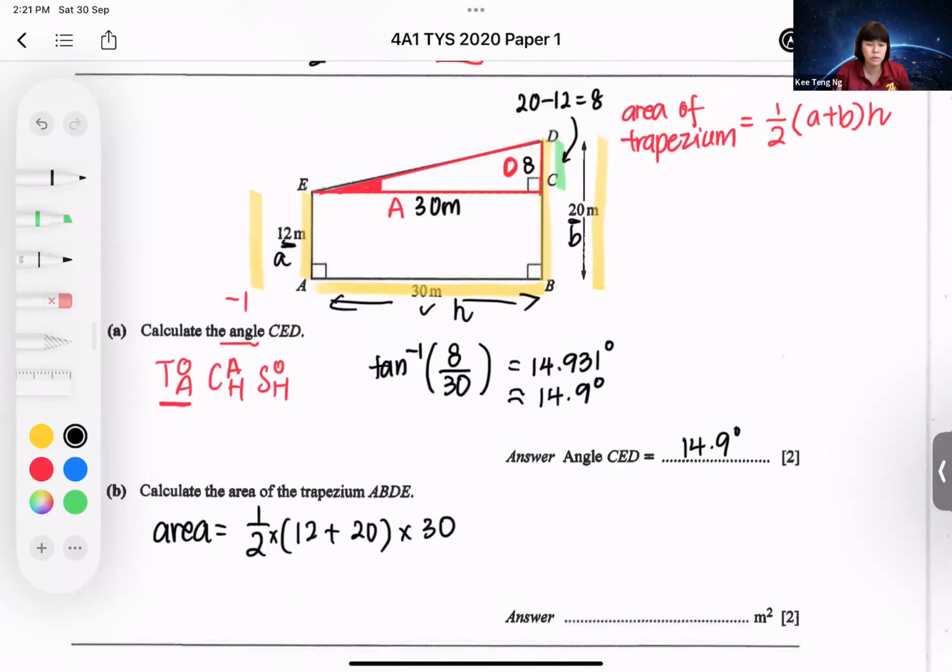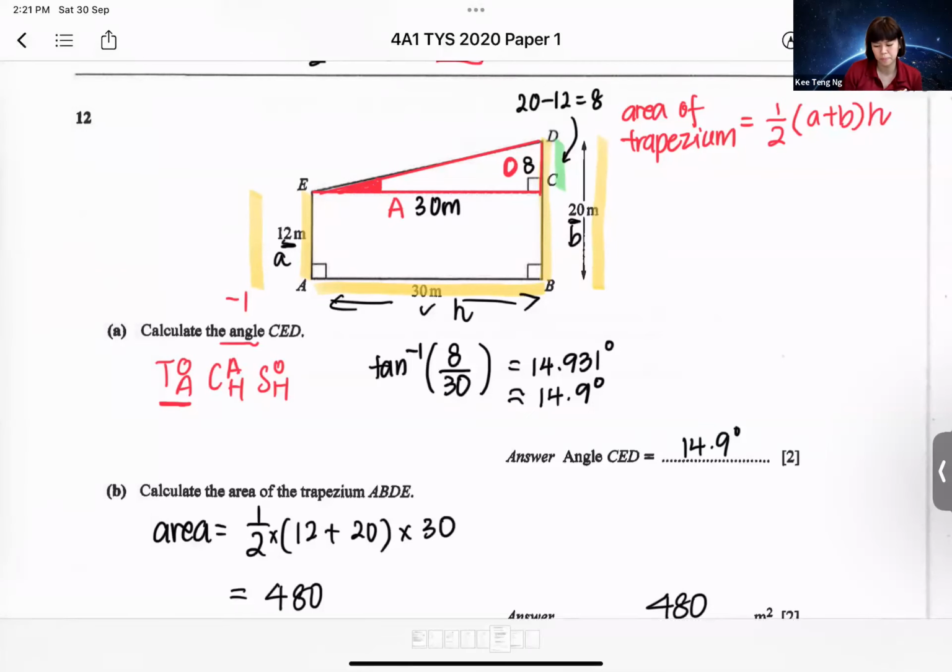In the event that you are not able to remember this formula, you can split it into the area of a rectangle plus the area of a triangle, right? So you should still be able to get your answer the same way. Have you gotten the concept? See you next question.